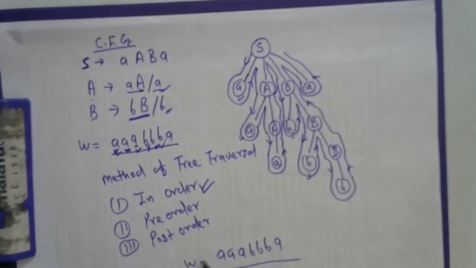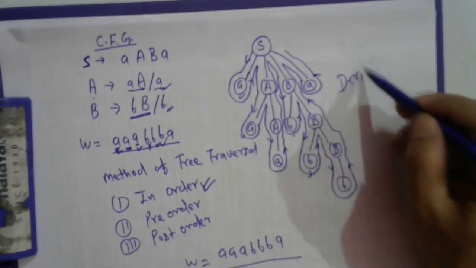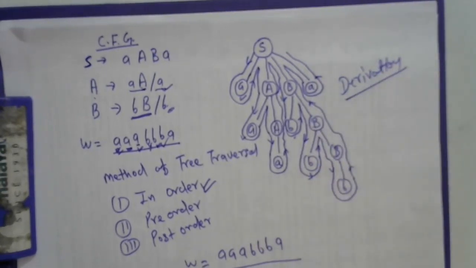That is W as a complete string. You can trace it with the help of the derivation tree. We can show this derivation tree with the help of this example. That is the method of how we traverse the tree and how to construct the derivation tree with the help of grammar. Basically we are using grammars.